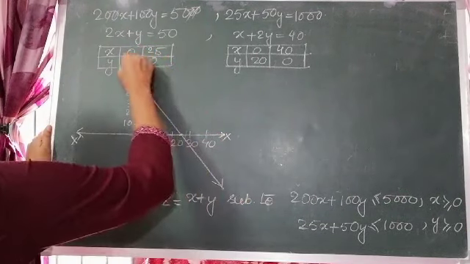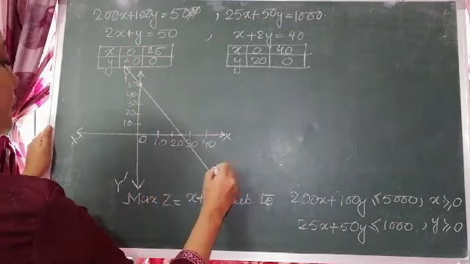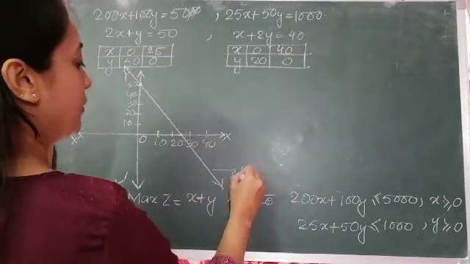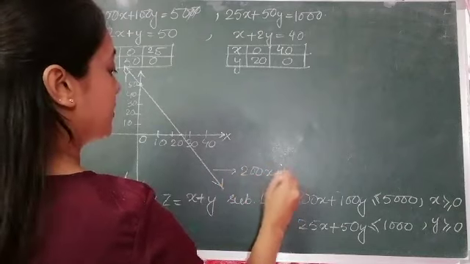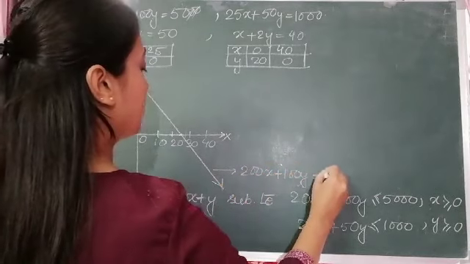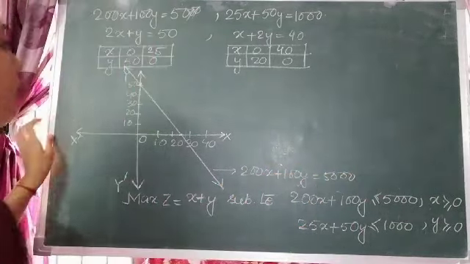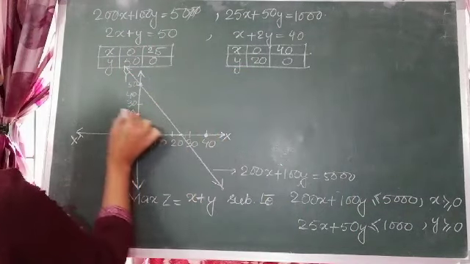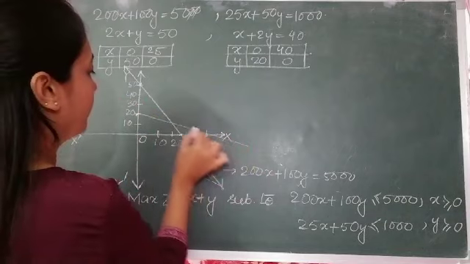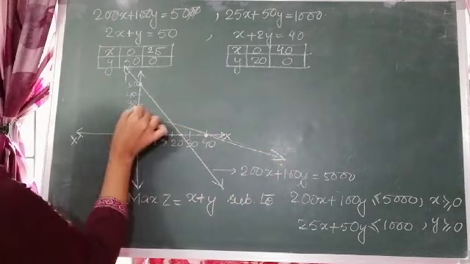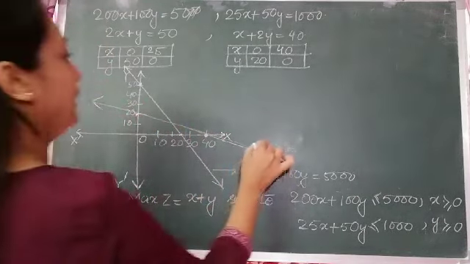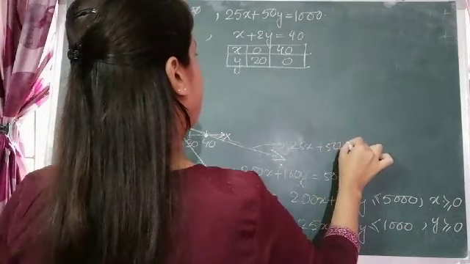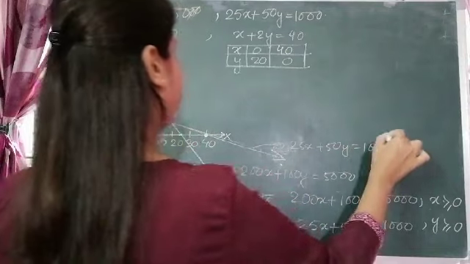So this is the graph of 2x plus y equals to 50, that is 200x plus 100y equals to 5000. Next (0, 20), (40, 0). So this is the graph of the next one, that is 25x plus 50y equals to 1000.